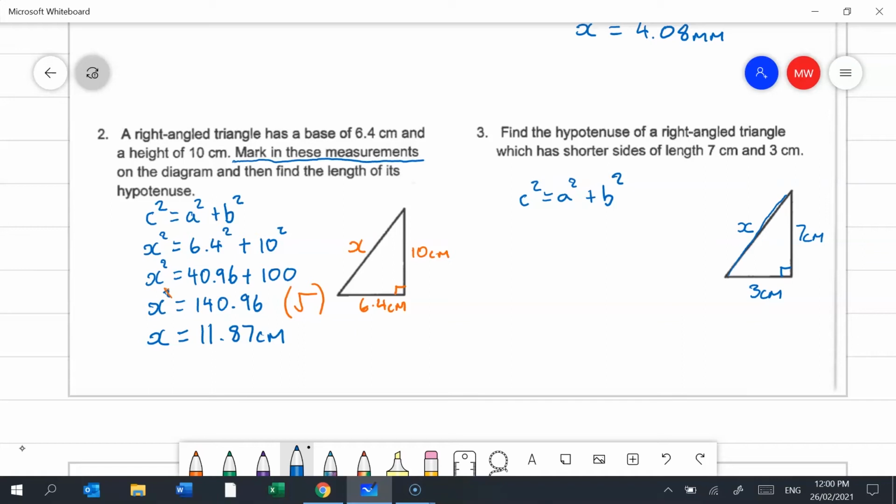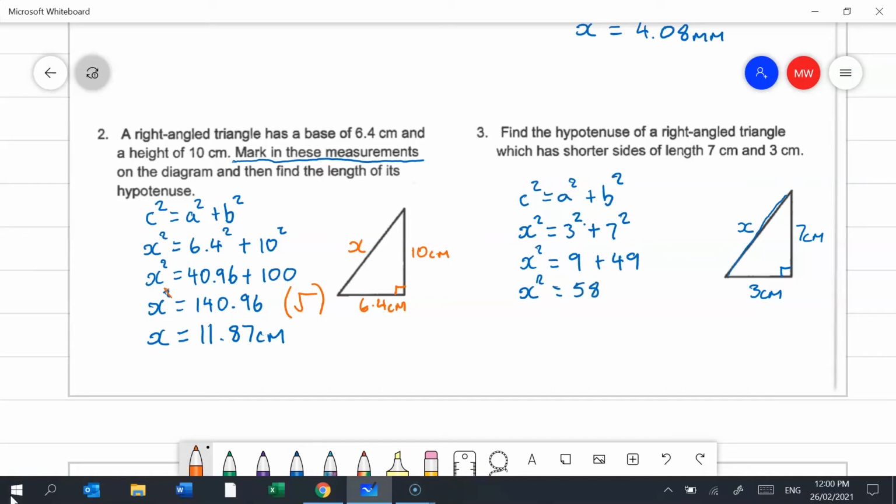I'm going to substitute in now, so c becomes an x, a becomes a 3, and b becomes the opposite, so 7, which means we've got x squared equals 9 plus 49, which is 58.